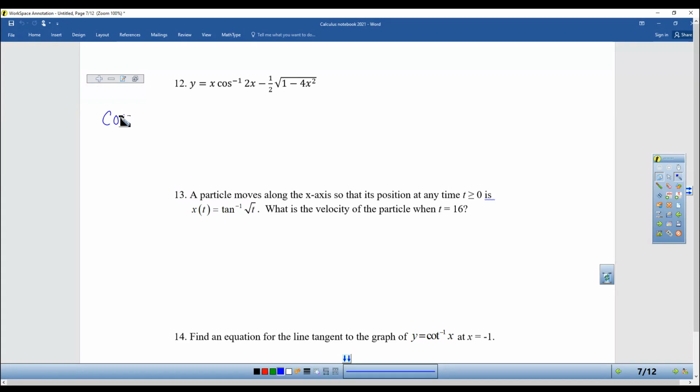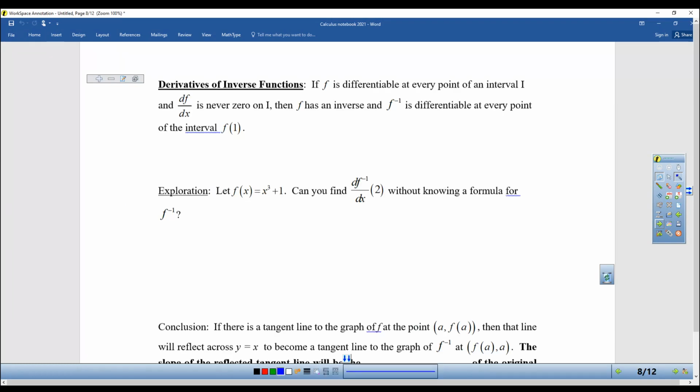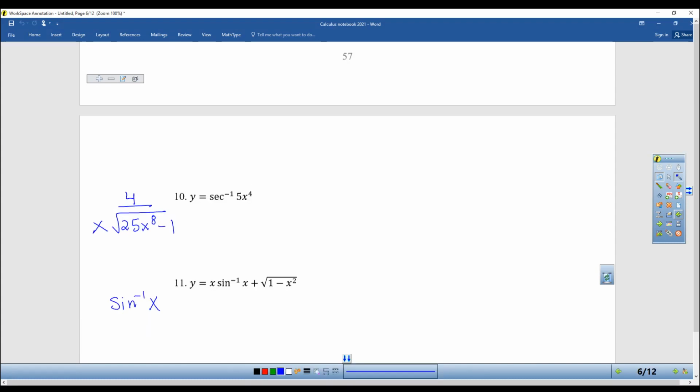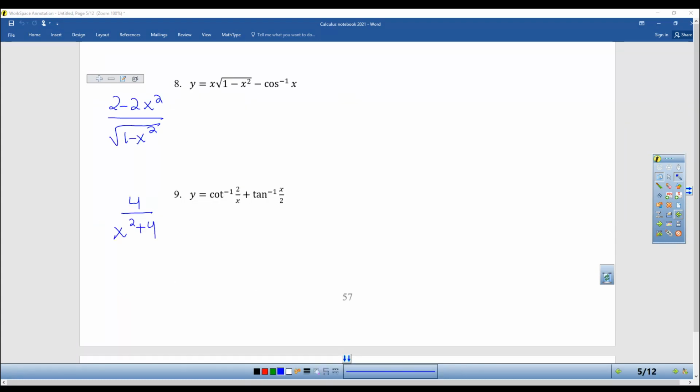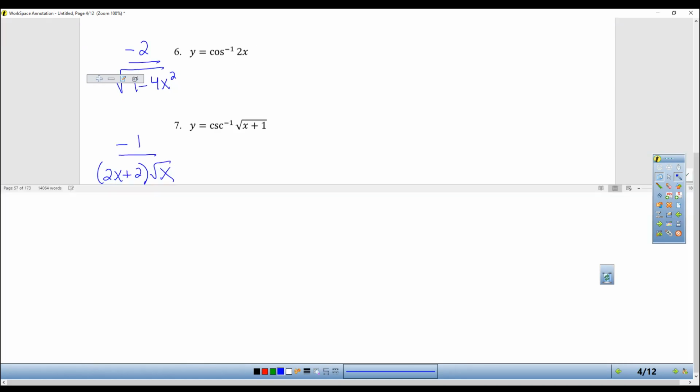Number 12, inverse cosine of 2x. 1 over 136. Y is equal to negative 1/2 x plus 1 minus 3/4. All right, and then that's theory after that. So if you want to try any of those examples, there's the answers for you. But I will do them with you.